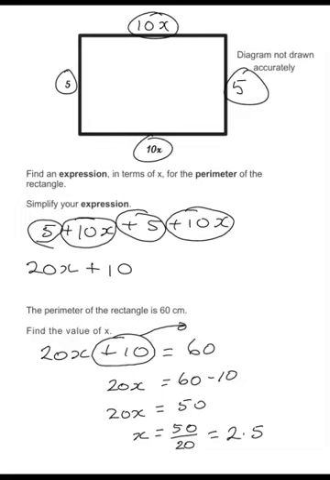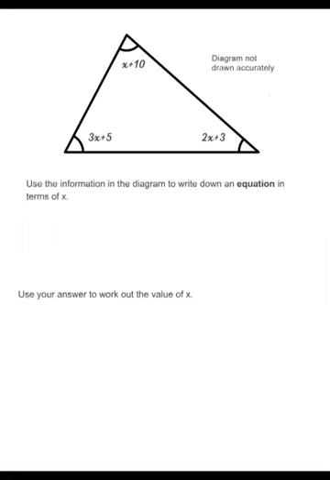So this question here is another triangle, but instead of sides, it's actually angles. The question is, use the information in the diagram to write down an equation in terms of x. What we need to do is add all our angles up.